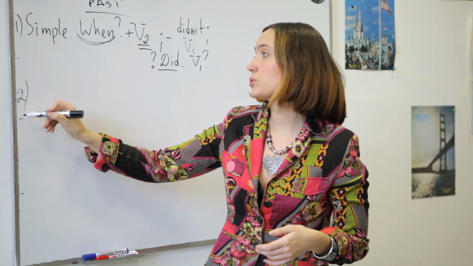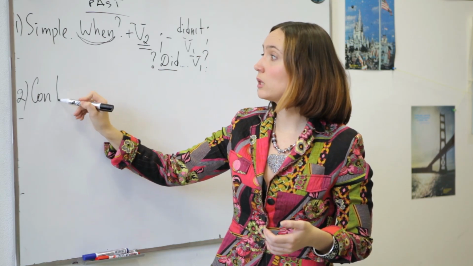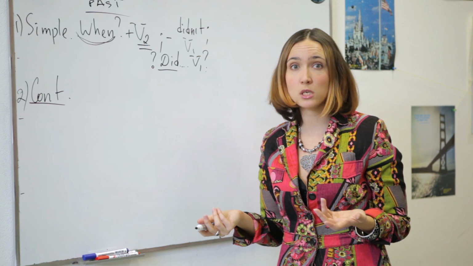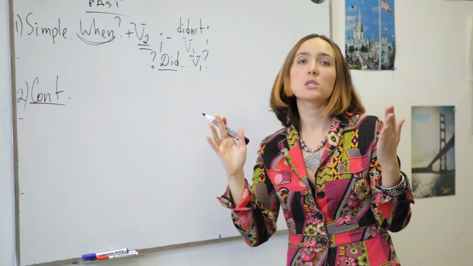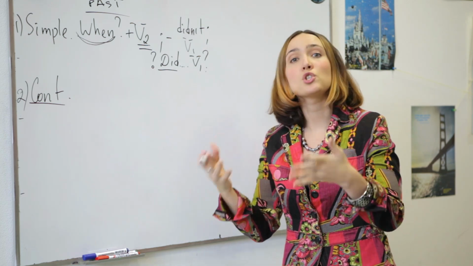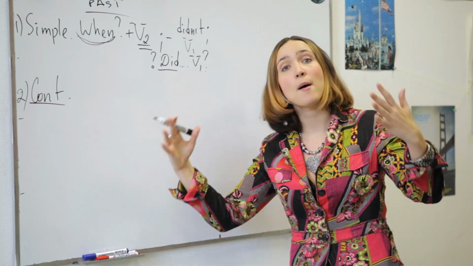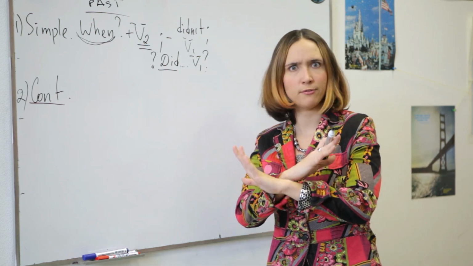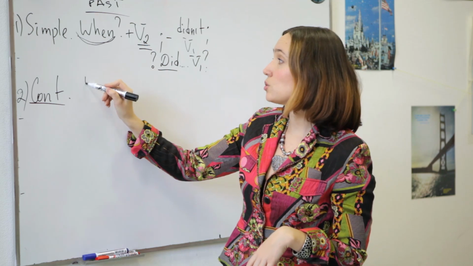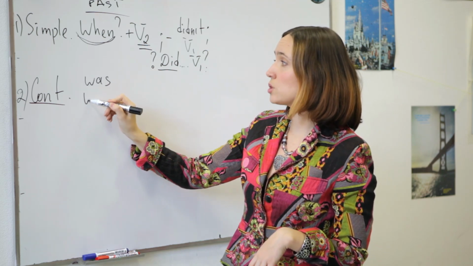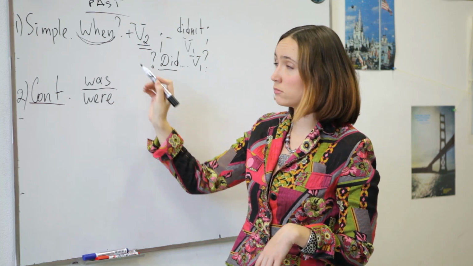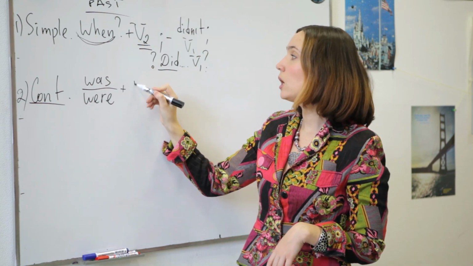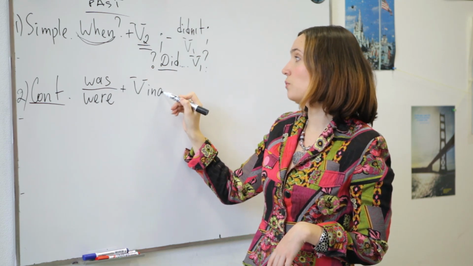So the second option, as always, would be the continuous, the process. When there was a process in the past, yeah, you want to show that it was happening for some period, but it finished in the past. So here was or were, depending on the pronoun, plus the ing form.